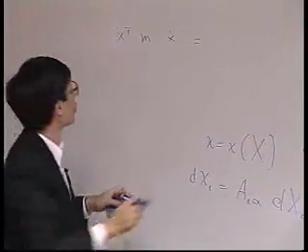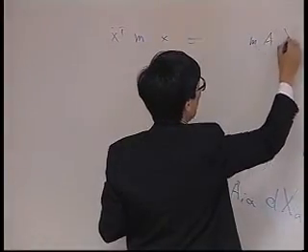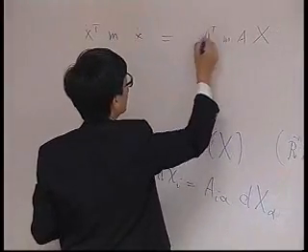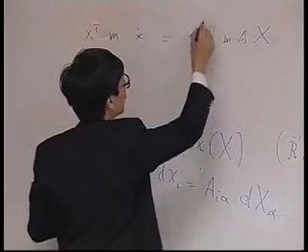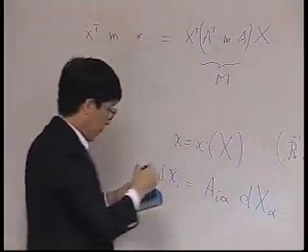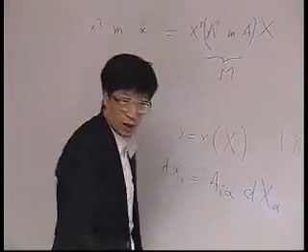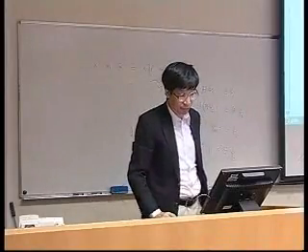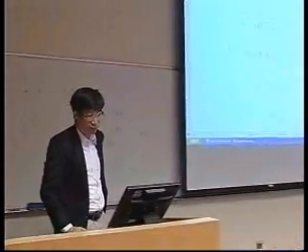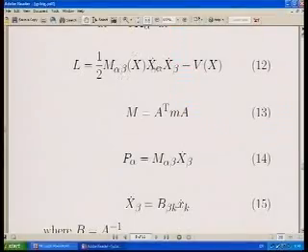So x dot is A capital X dot, and this transpose is capital X dot transpose A transpose. So this is what I call capital M. So the kinetic term of the Lagrangian can now be written with capital M, capital X dot, where capital M is A transpose M A. So a new mass matrix. And if you have this form, then capital P is capital M times capital X dot, just by using the definition of capital P on this one.